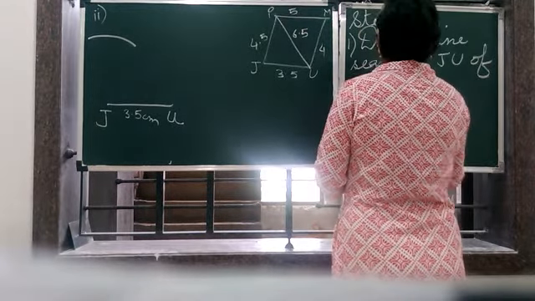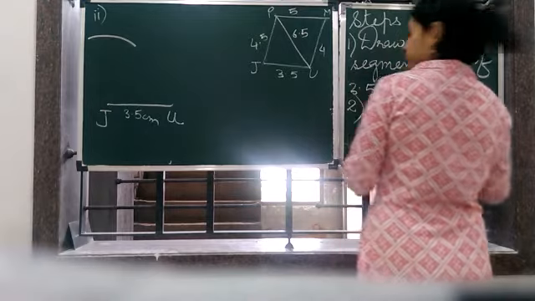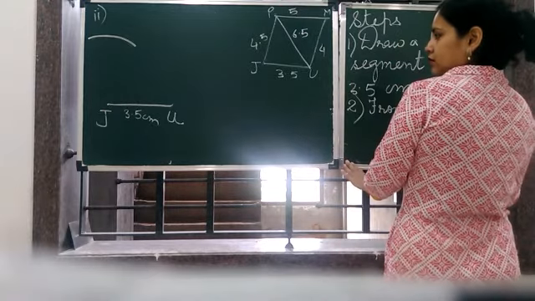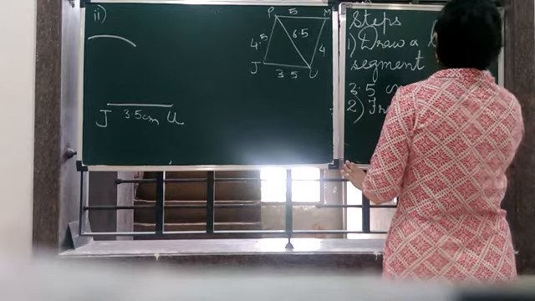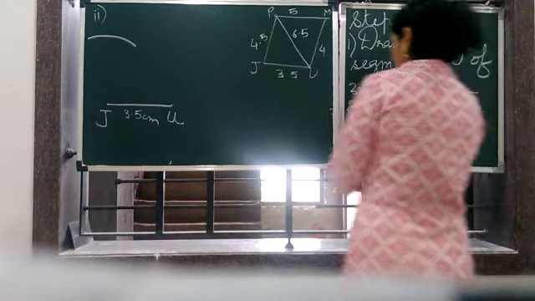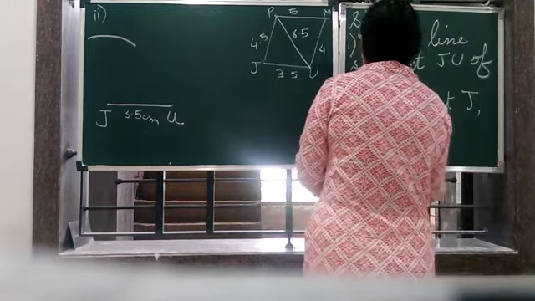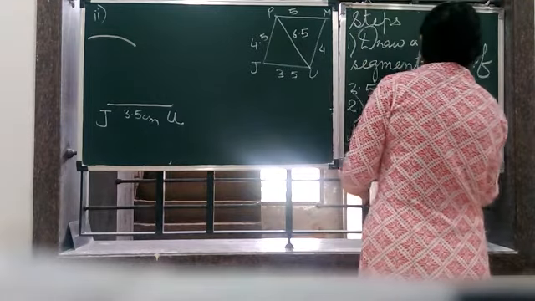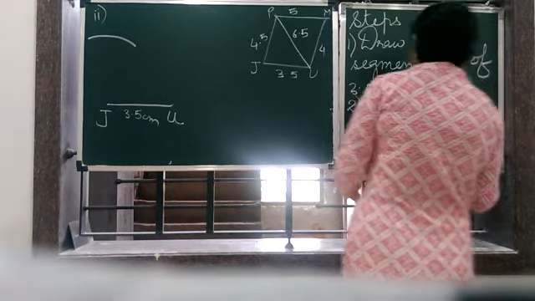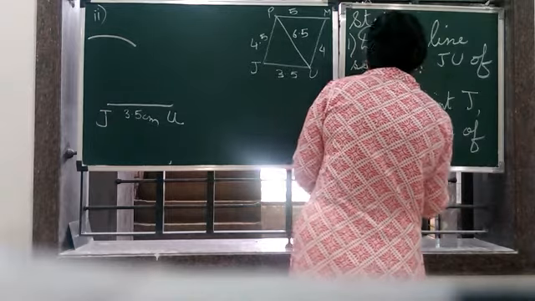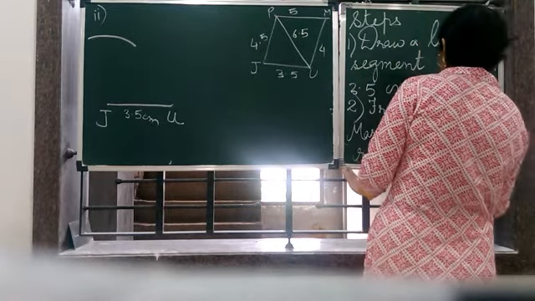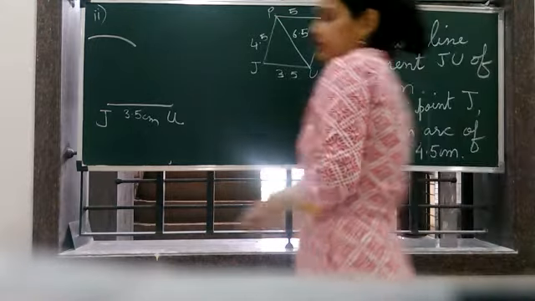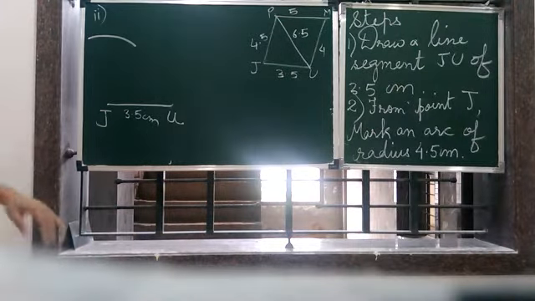From J. Or you can also write from point J, mark an arc of radius 4.5 centimeters. Okay, this is your point number 2.